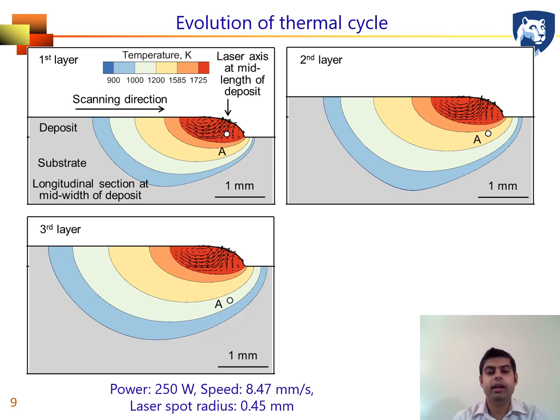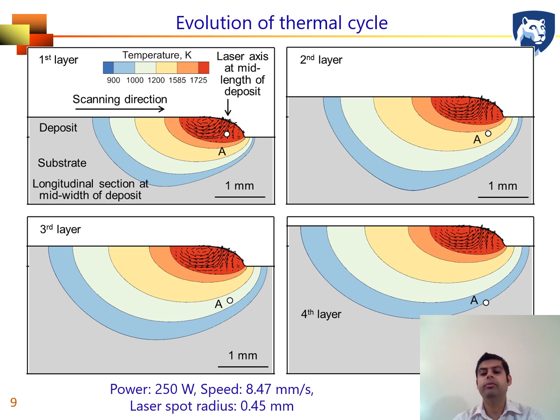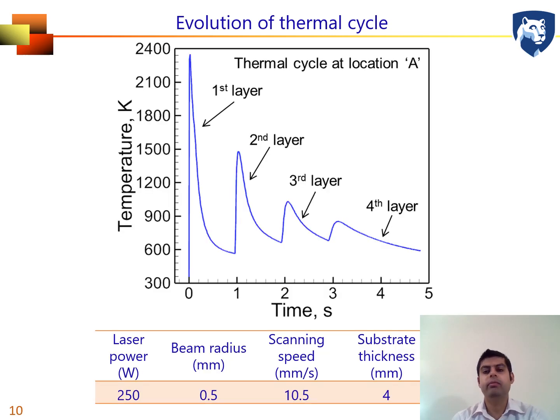As we deposit the third layer, the temperature decreases further, and as we deposit the fourth layer, it decreases even further. So as we monitor the temperature at location A while depositing multiple layers, we can capture the temperature variation with time. This is called the thermal cycle, and this thermal cycle has immense effect on the structure and properties of the component.